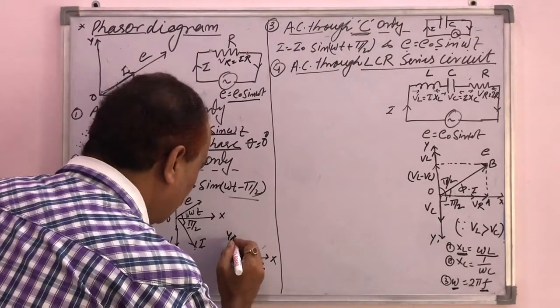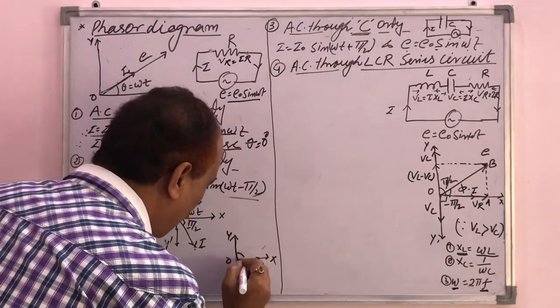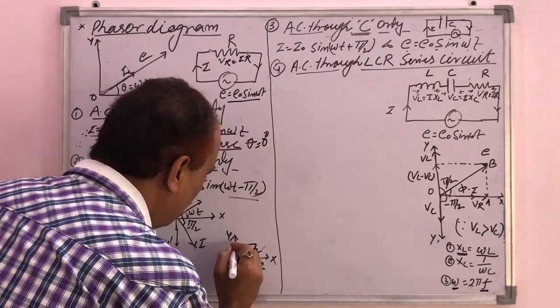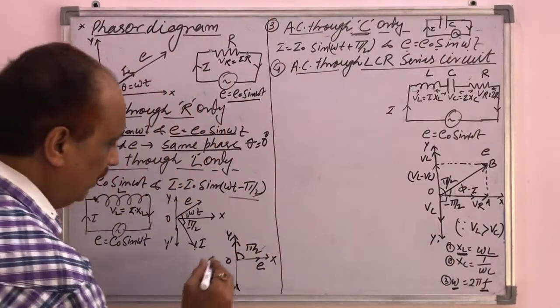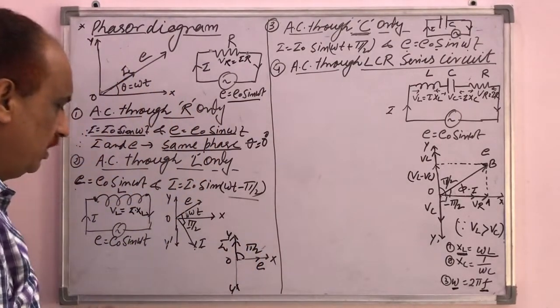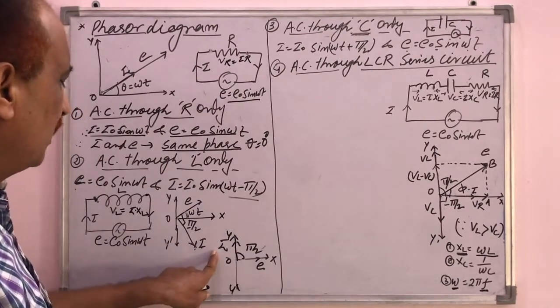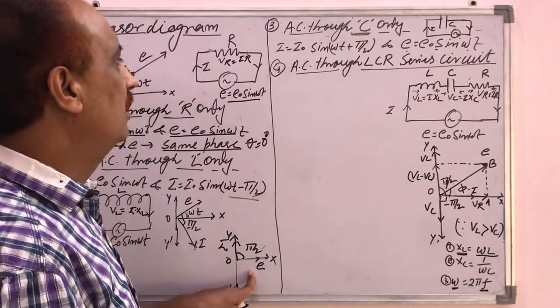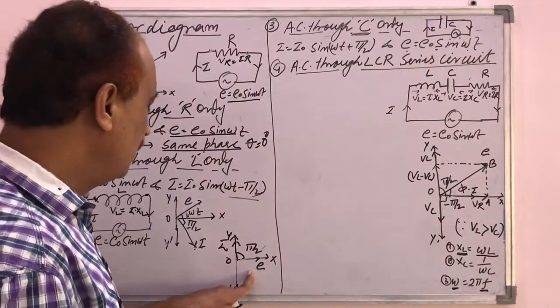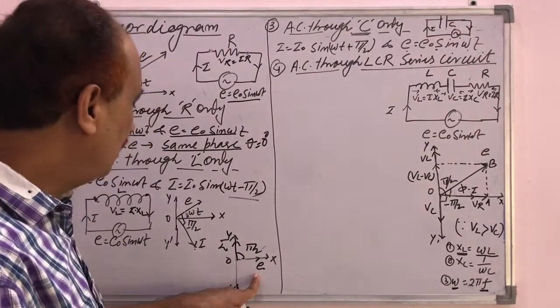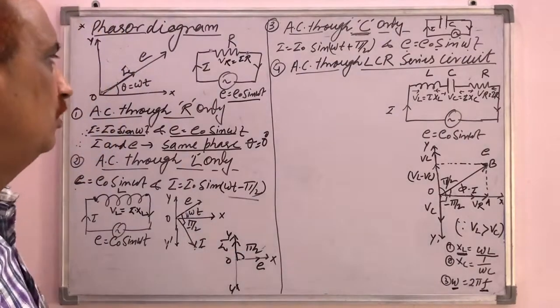So the angle for the I will be equal to pi by 2 here, and the current will be represented along the OY axis. So it is current I. In that situation, the current leads the EMF by the phase angle pi by 2, or in other words, the EMF lags behind the current by phase angle pi by 2.